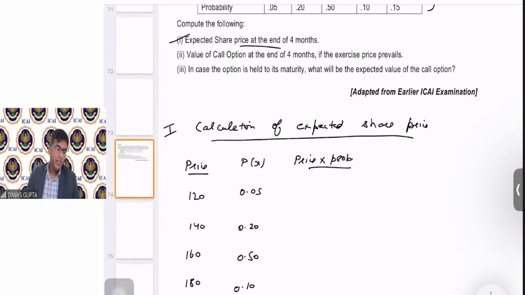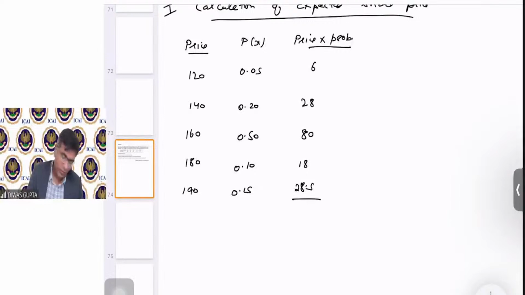Price into probability will be 6, 28, 80, 18, 28.5, 160.50, students.